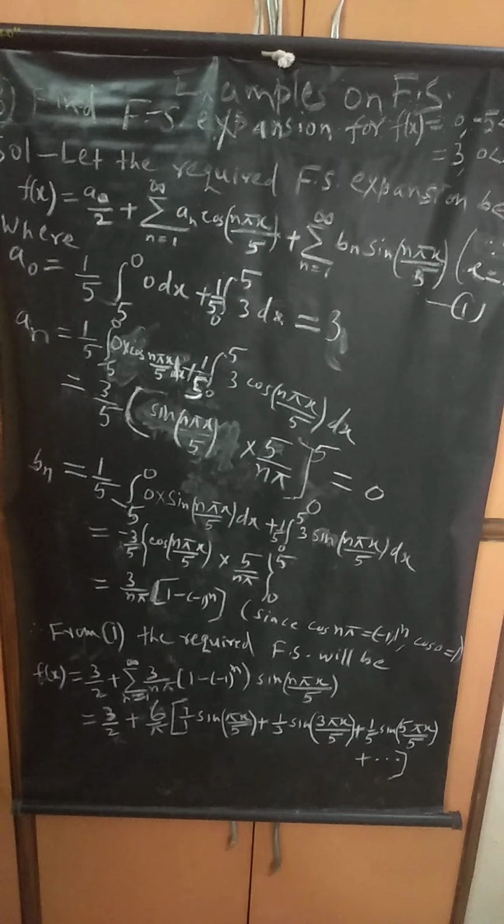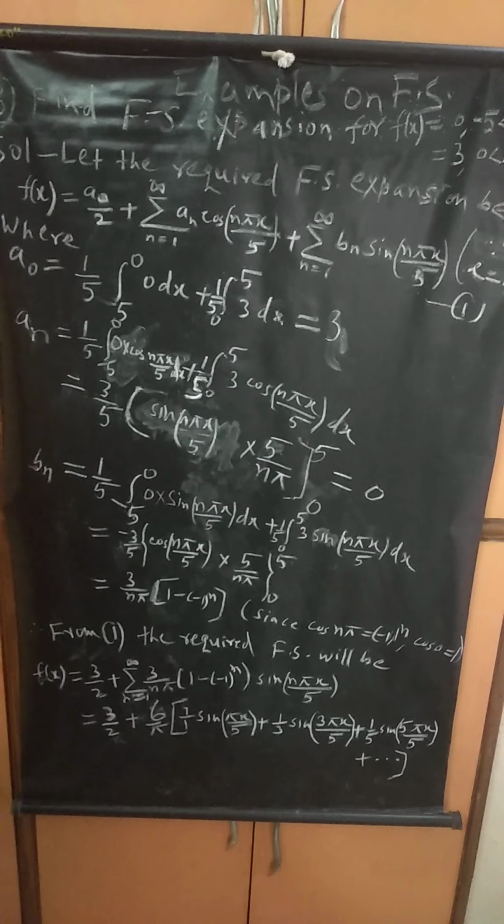Next, an is again 1/5 integral from minus 5 to 0 of f(x), which is 0, so 0 into cos(n pi x/5) dx, plus 1/5 integral from 0 to 5 of 3 cos(n pi x/5) dx.